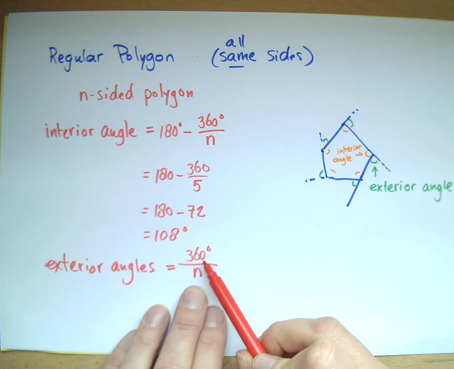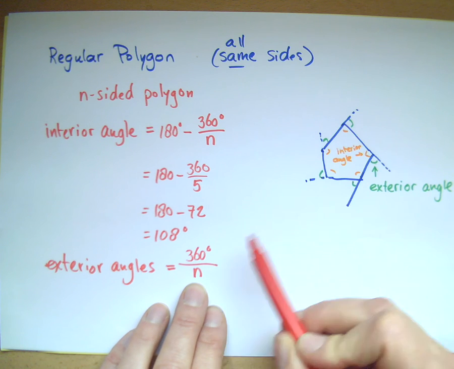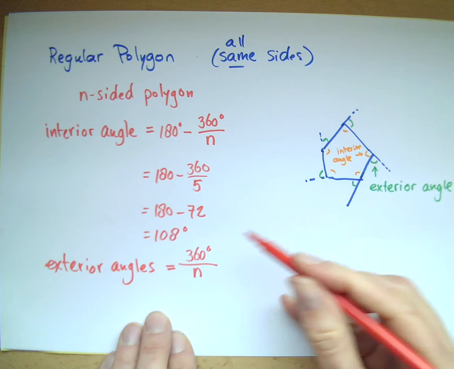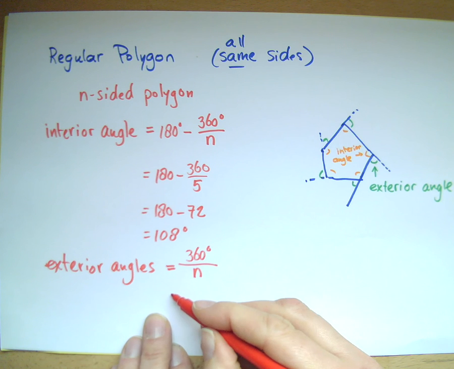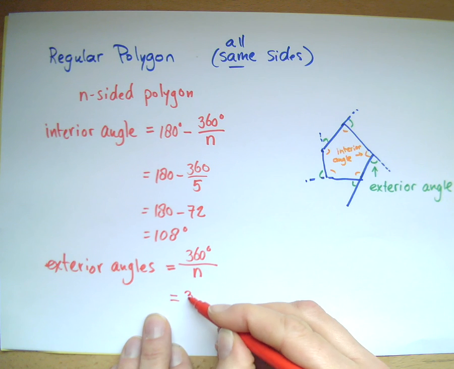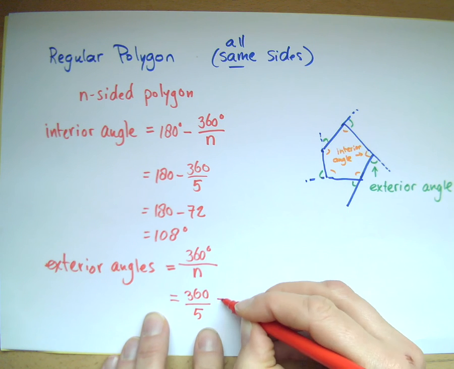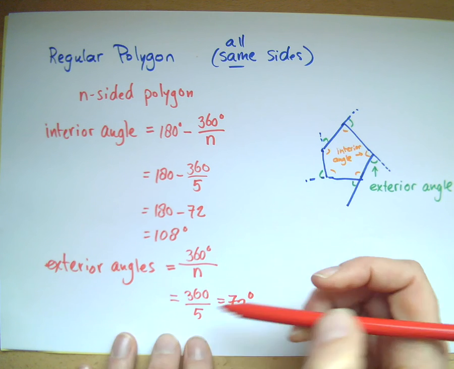That's why 360 divided by the number of angles will give you the size of one of these angles. So in our 5-sided regular polygon, that would be 360 divided by 5, which we found up here is 72 degrees.